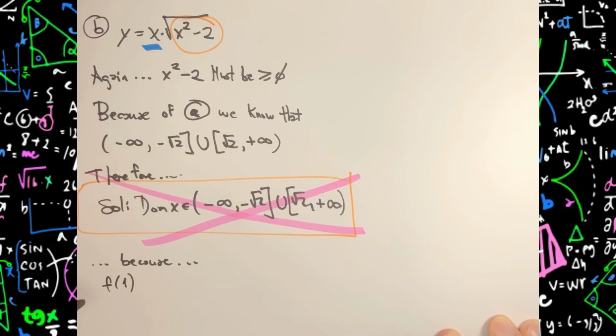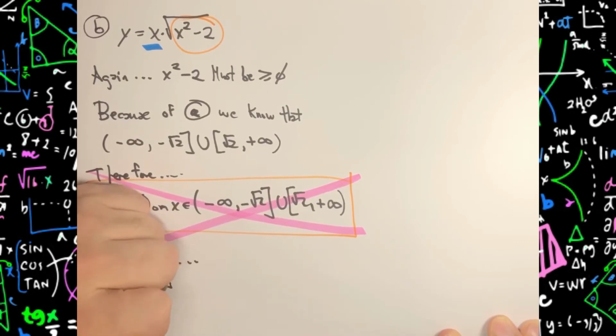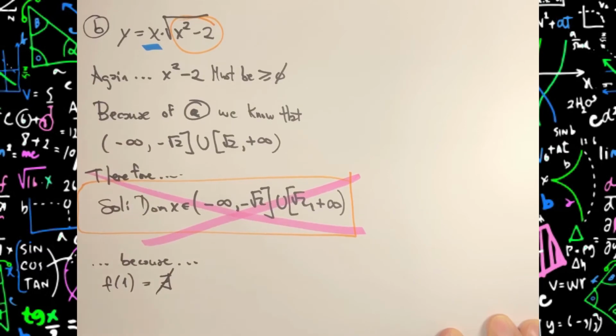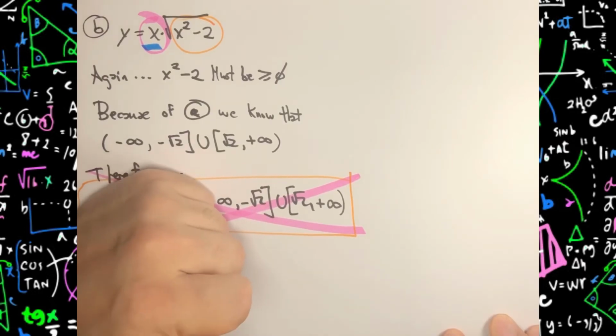We did f of 1, and that resulted in a nonexistent value, which is correct. But in this part B, if we do f of 0, due to the x multiplying the radical part of the equation, you're going to see something quite interesting.